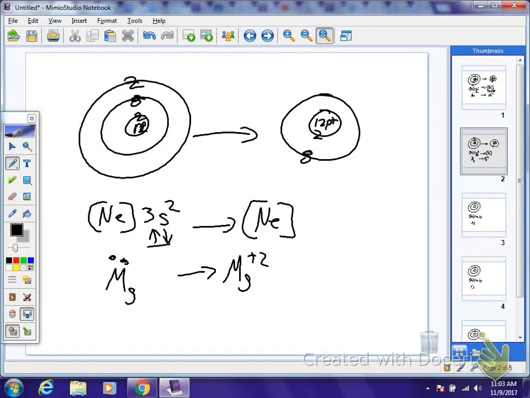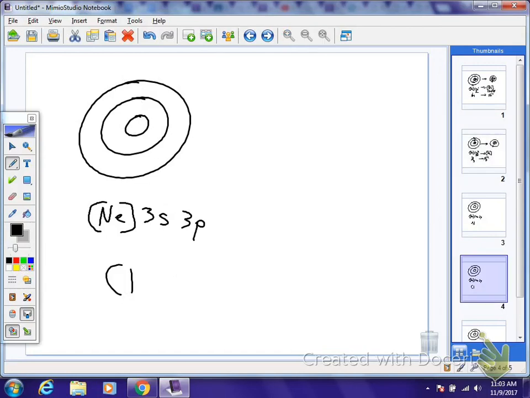Okay? So then, if you turn over the page, there's a chlorine. Page 168. So, both of these have got noble gas configurations. Now we have chlorine. Chlorine has 17 protons in the middle. It's got 2, 8, and 7.